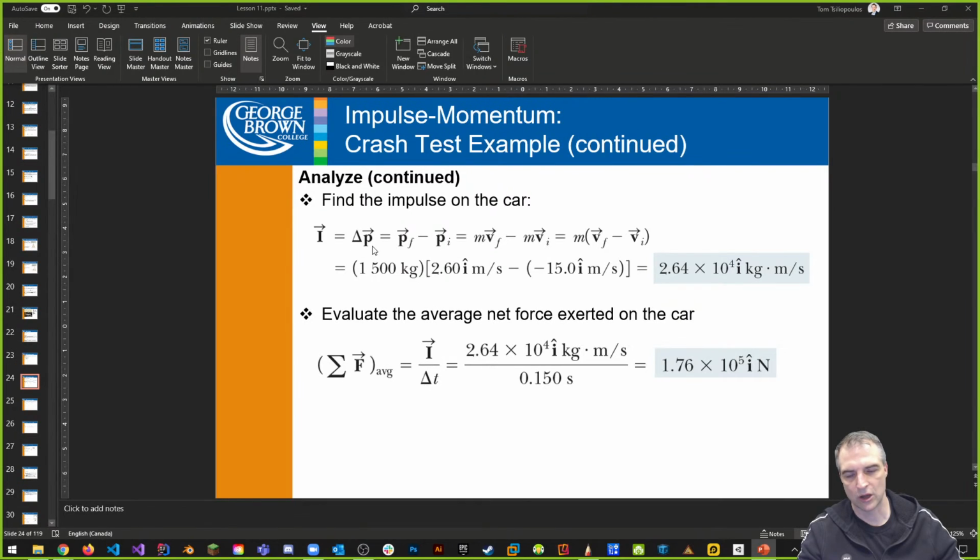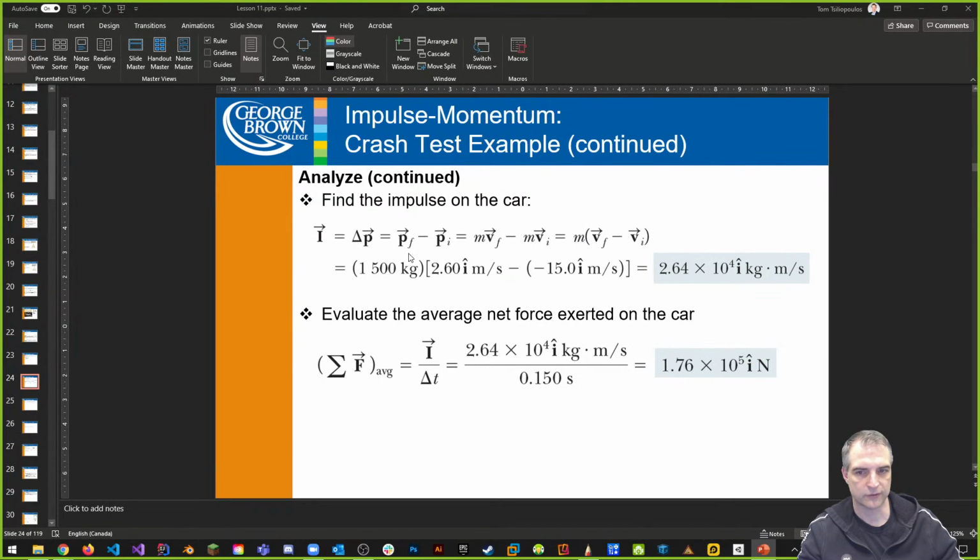The change in momentum equals the final momentum minus the initial momentum. So we can break this down into m v final minus m v initial, and factor out the mass.